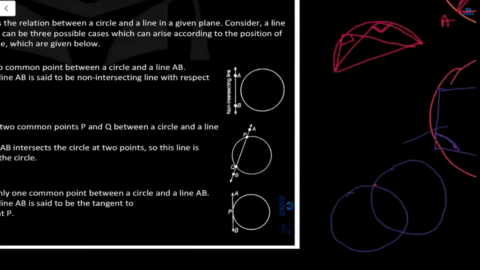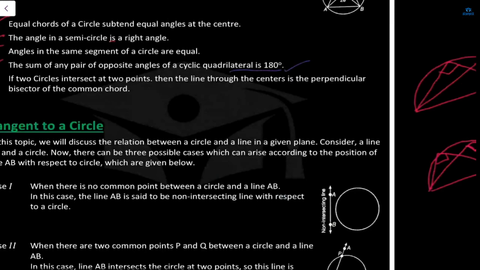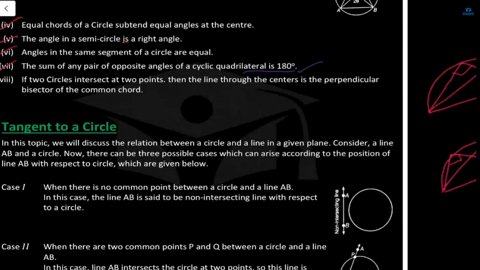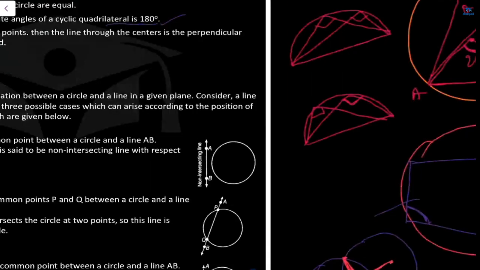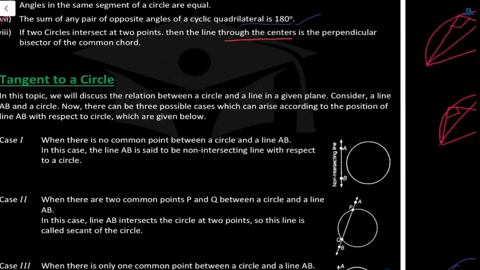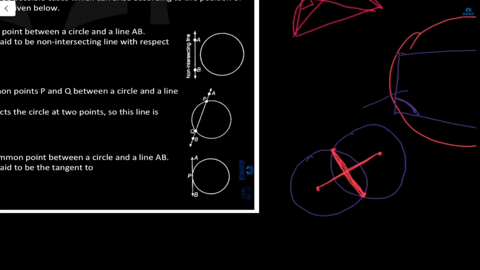You can see this is one of the points and this is the other. If two circles are intersecting at 2 points, then the line through the centers is the perpendicular bisector of the common chord. The common chord is this one, since a chord joins two points of a circle and both these points are common. The line that goes through the centers, joining both centers, will be the perpendicular bisector of this common chord. Okay, I got it now.